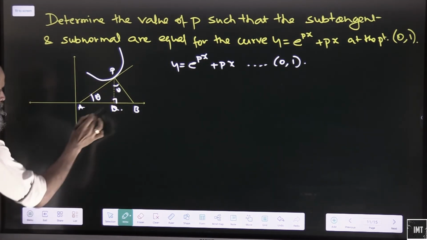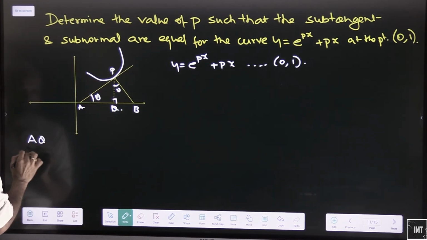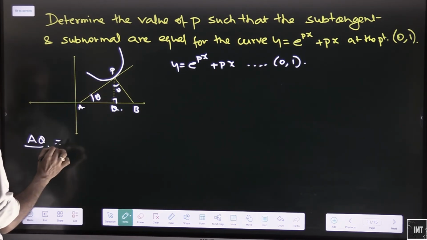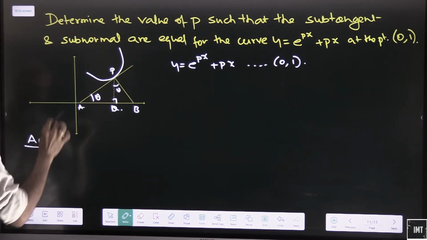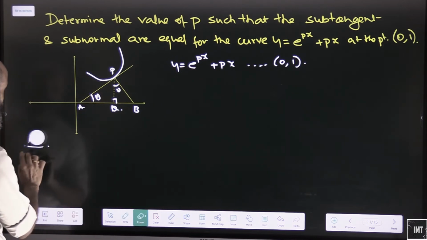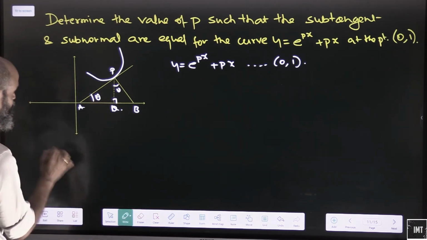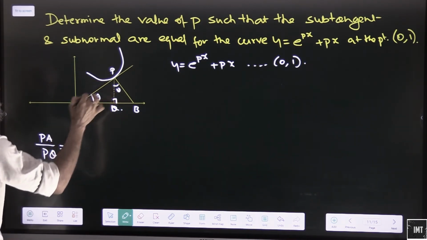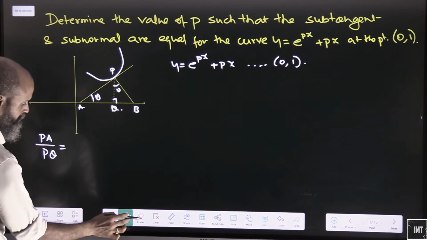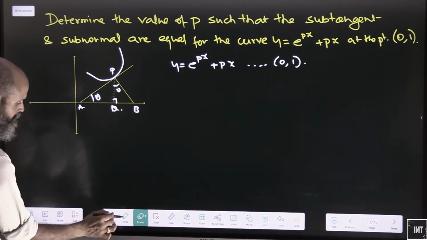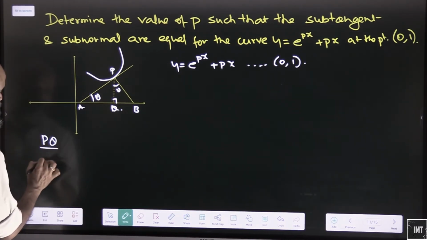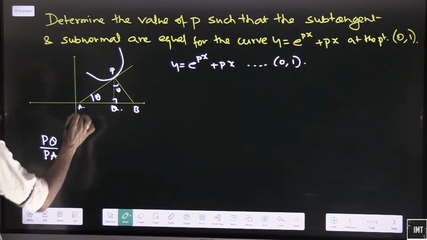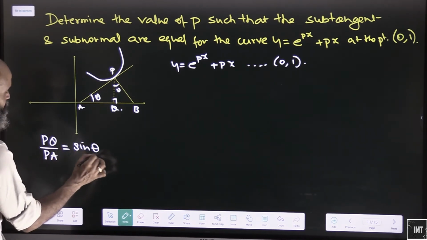So the subtangent will be AQ, and what will be the value of AQ? First of all we need to calculate the value of PA. Perpendicular upon hypotenuse, PQ by PA, is equal to sine theta.